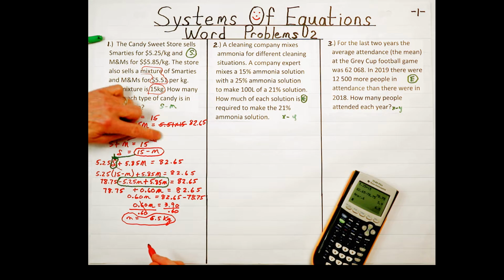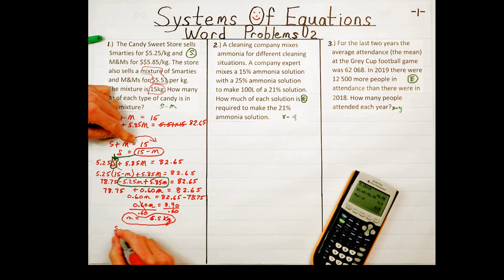So if I bring down this first equation up here, we have S plus M equals 15. What is M? It's 6.5, so S plus 6.5 equals 15.